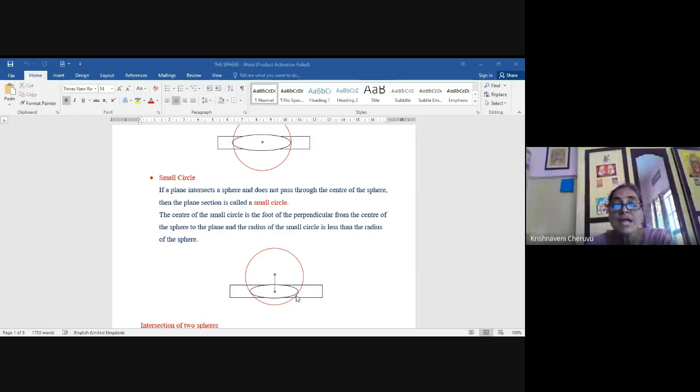Remember, if it is a great circle, the center of the sphere is same as the center of the circle. If it is a small circle, the center of the circle is the foot of the perpendicular drawn from the center of the sphere to the plane. Here the sphere center is different from the circle center, and here the center of the sphere is not lying on the plane.